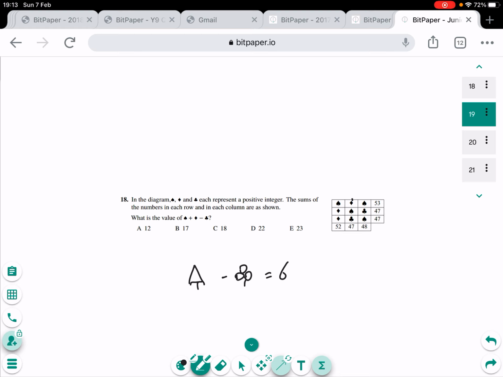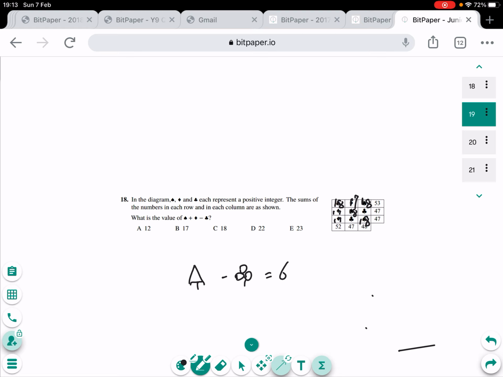For this question, you could actually try trial and error too. So let's say that this was... what's a suitable number? Say 18. 18, so that would be 36, 17. 17. Oh, it works so far. 18.